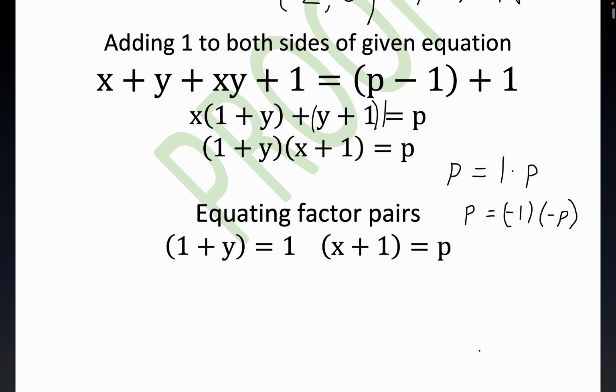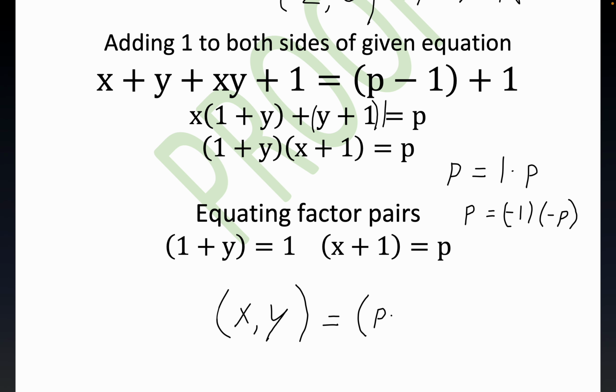So from here, it's very quick to see what's going on. We can write down the ordered pair x, y in terms of p. You can see right here that x would be equal to, if you subtract 1 from this, p minus 1.